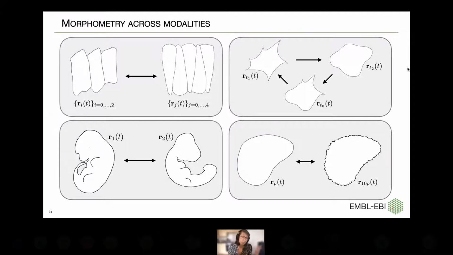That can be populations of different instances, one instance that deforms over time, instances at different scales, or instances with different amounts of resolution information. So this gives us a framework in which we can consider the problem of quantifying morphology from microscopy images as one big problem, regardless of the actual image data we started from.